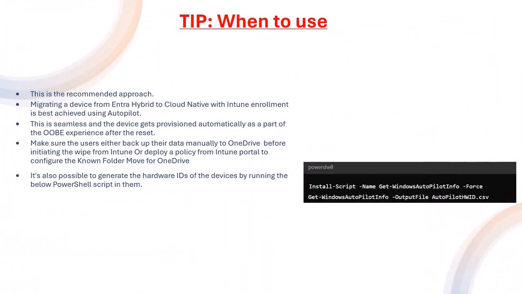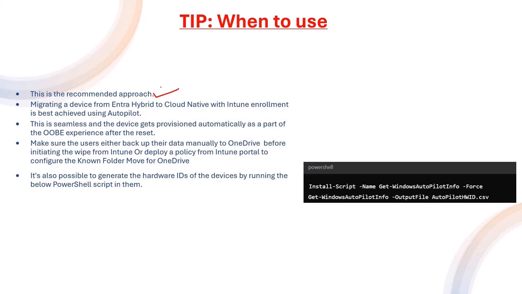Now, before I go into the portal, let me share some tips and tricks on when this option should be used. And then I will quickly switch to the portal and show this use case from the portal end. Now, as I said, this is the recommended approach. This is what Microsoft recommends, hands down, if it is possible.